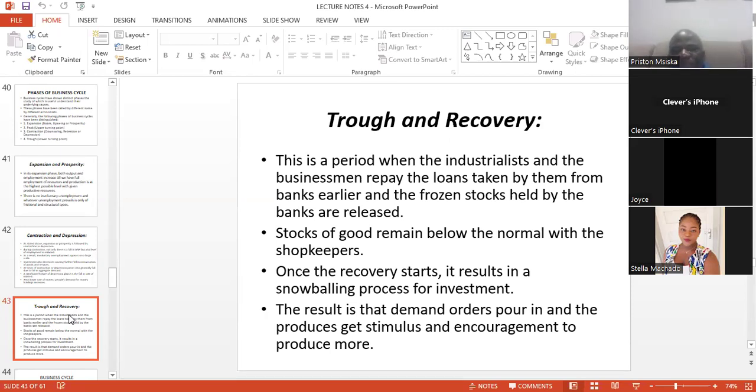They start employing some people. So as orders for new products start coming in, that's now encouraging producers to start producing. They start getting loans to invest more, start employing more people. So now you are again on an expansionary trajectory.